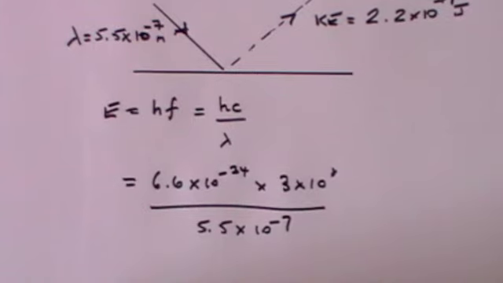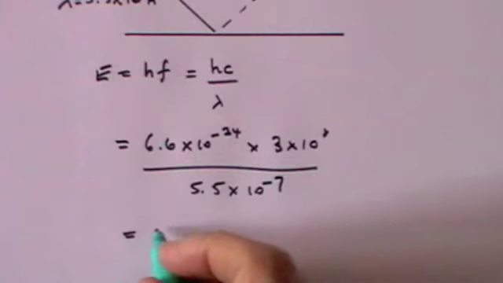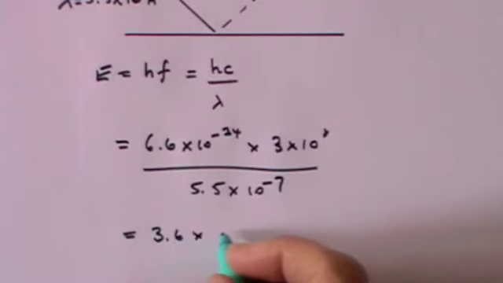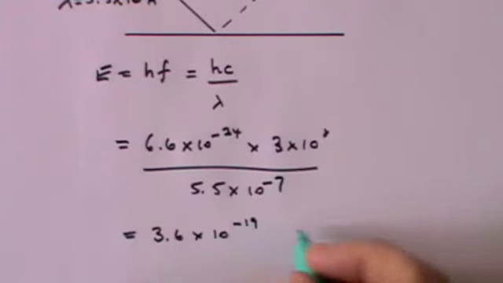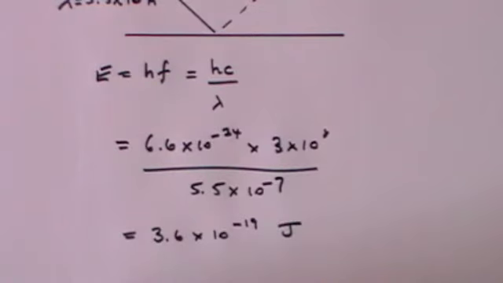And that, going through a calculator, will come to 3.6 times 10 to the minus 19 joules. That is the energy of the photons.